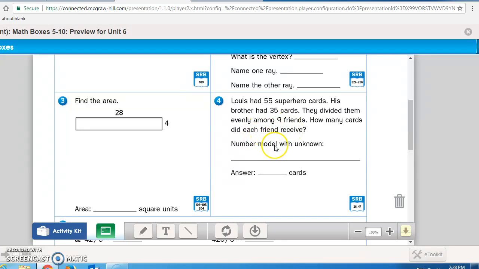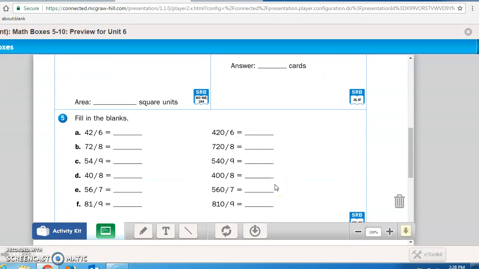So your number model with the unknown should be, if they put them together and divided them between 9 friends, you should have 55 plus 35 first in parentheses, and then divide it by 9, which equals, I would put F as my unknown for friends, and then write your answer here. Please pause the recording and do Math Box 4 now.